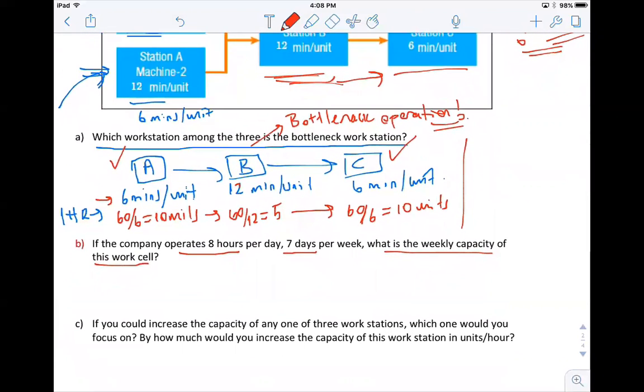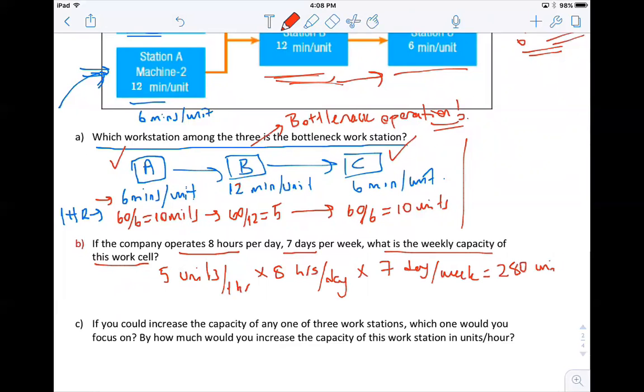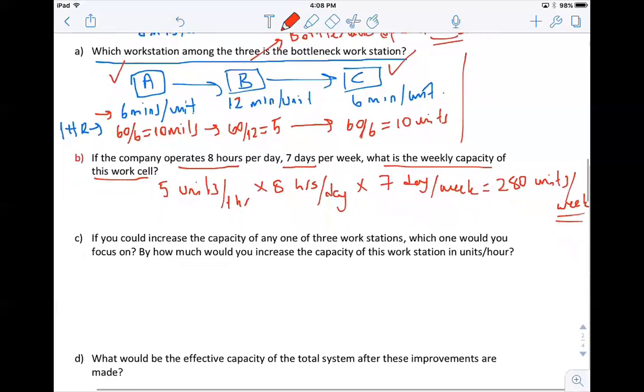So if our operation is producing 5 units per hour, you can multiply by 8 hours per day and then 7 days per week to obtain 280 units per week. Okay, all right.